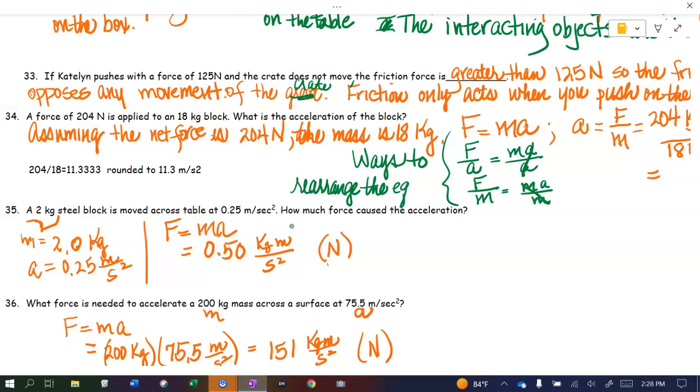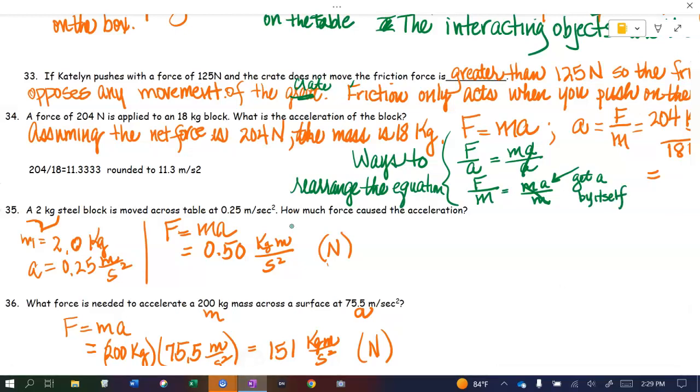What's the purpose then of rearranging the equation? Well, we want whatever we're looking for to be on the side by itself. So in this one, we want to get acceleration by itself because that's what we're trying to solve. And that means we just take the force and divide it by the mass.